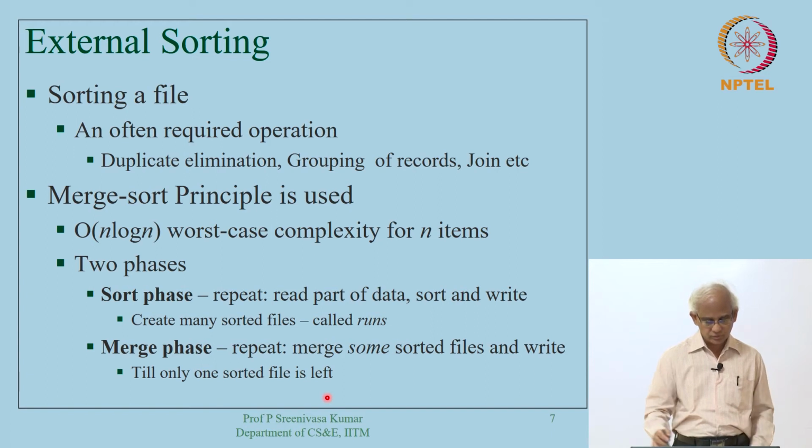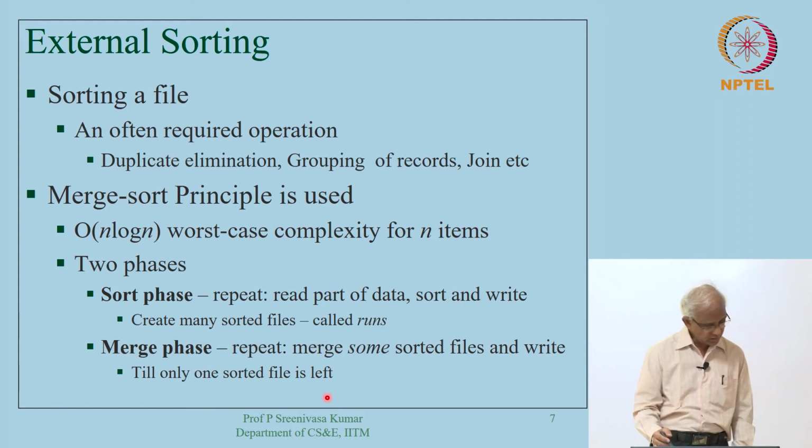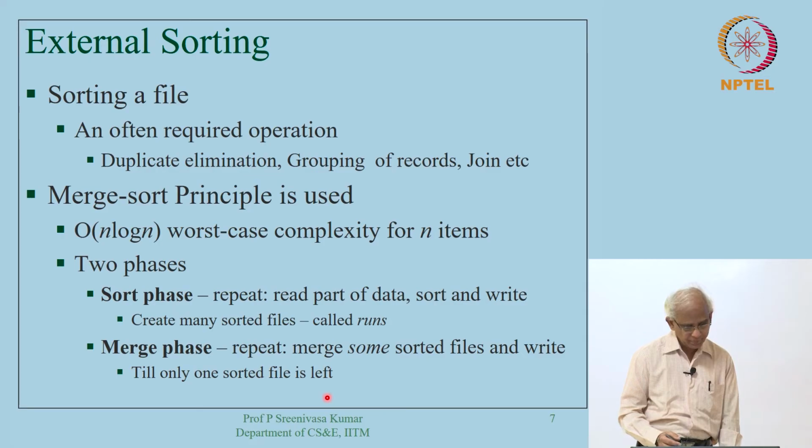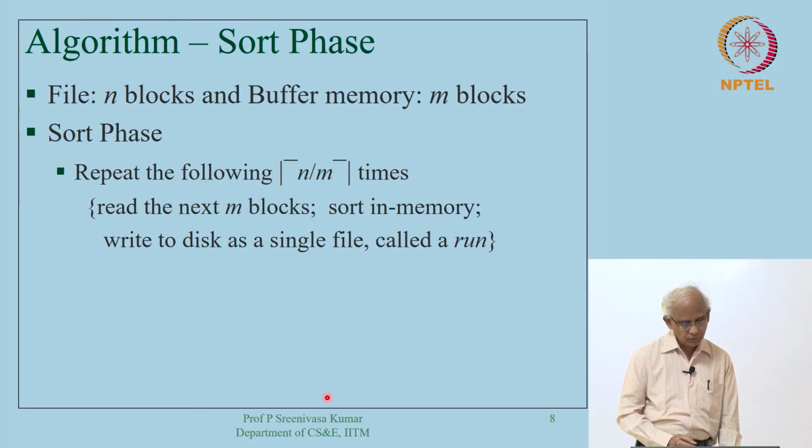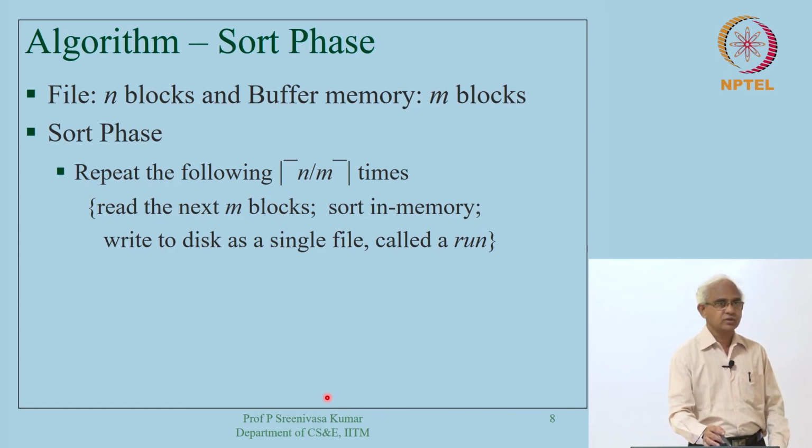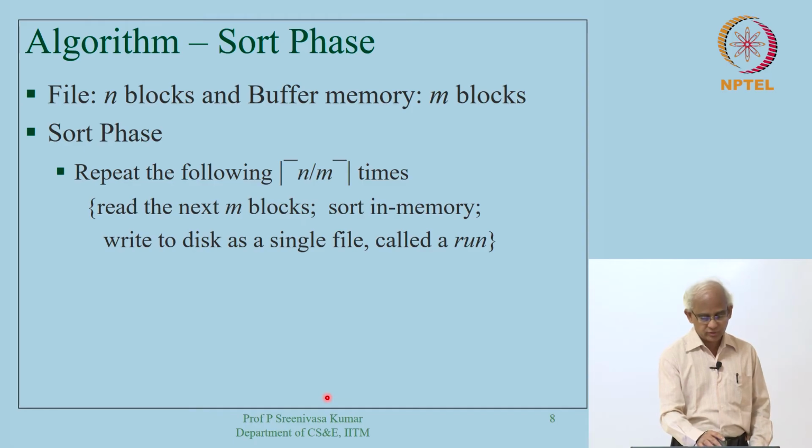Let me tell you the details. I will give you a bit more detail now on how exactly external sorting works. The essential assumption we are making here is that the data file has a huge number of blocks, let us call it n blocks, and we cannot fit the entire file into memory.